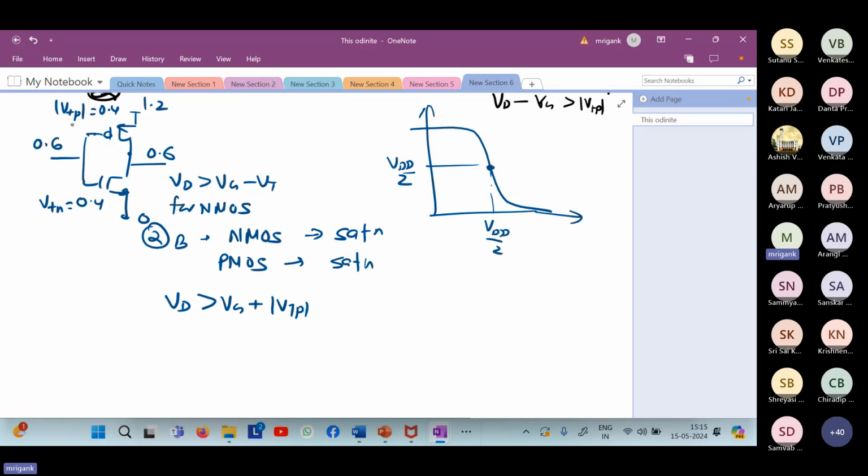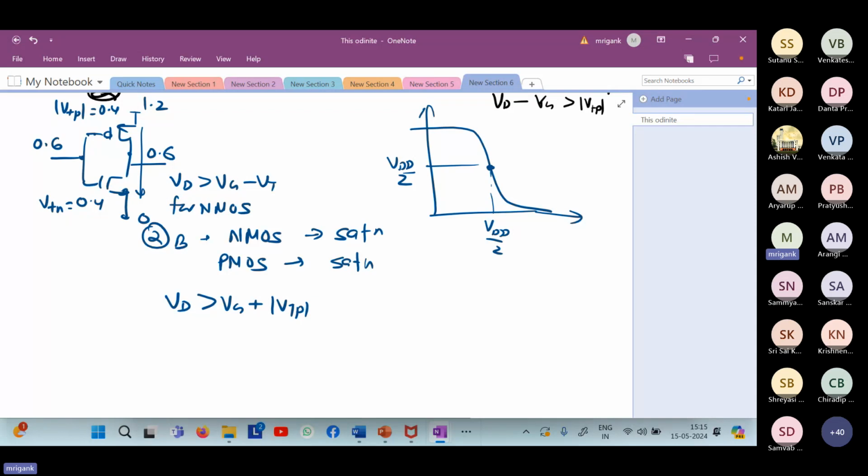Both are in saturation. So therefore, you have this condition. And both being in saturation means if you bias both NMOS and PMOS at the midpoint, you will get a static current because both are on. And because both are in saturation, the small signal model is applicable.